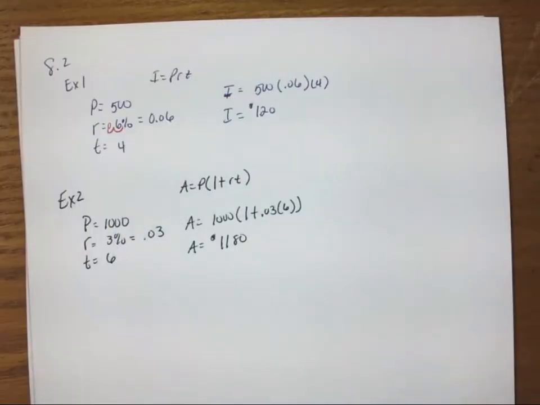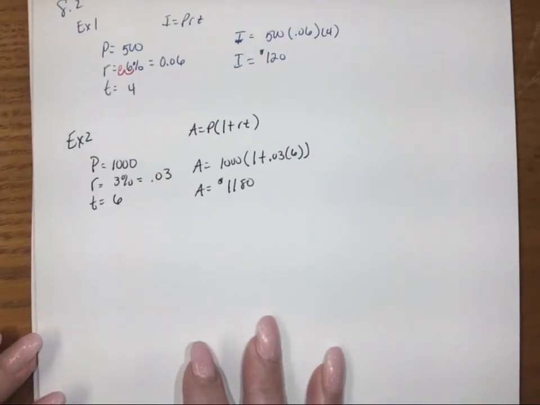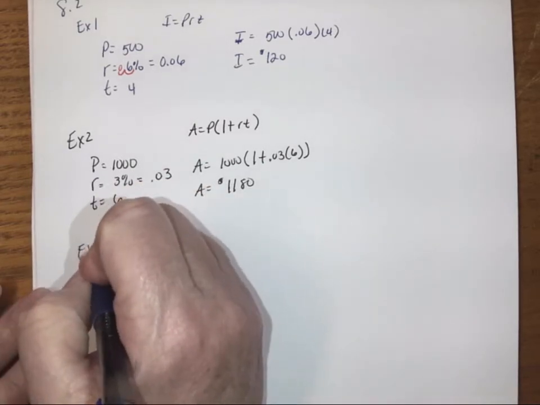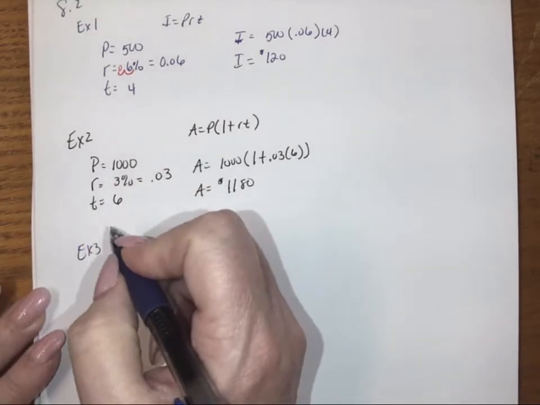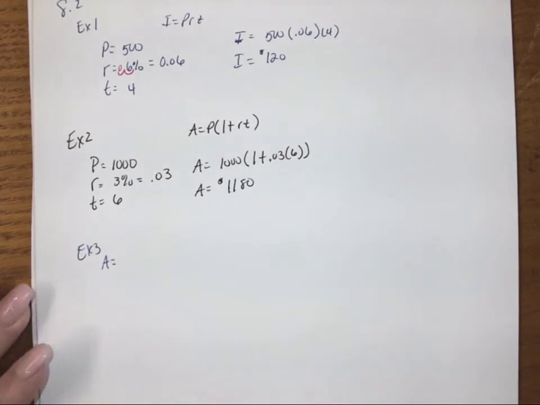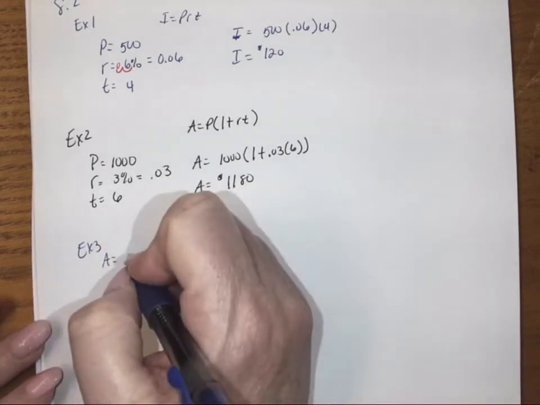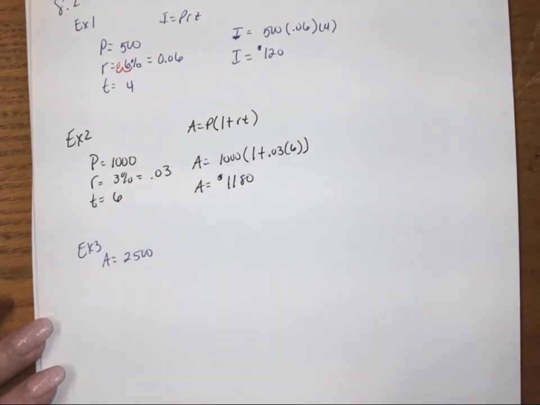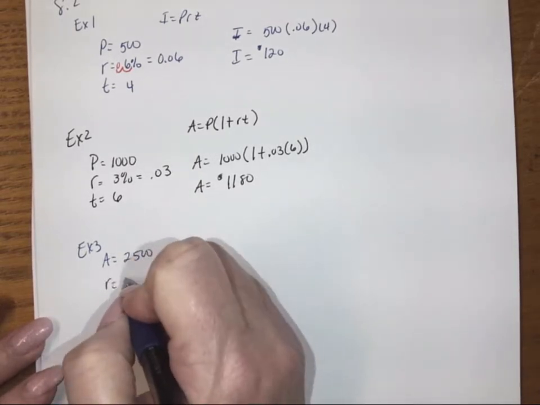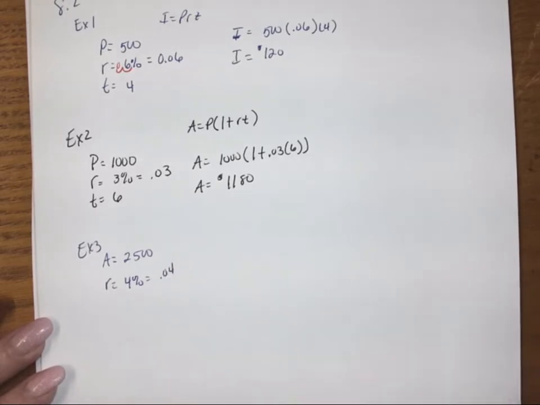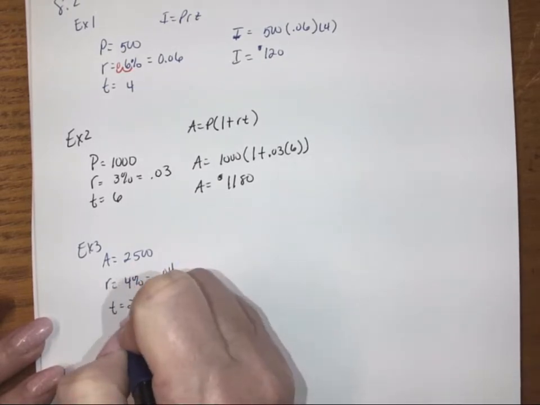All right, so we're using the same formula for example 3. And in this case, the accumulated value, the amount that we need at the end of the 2 years is $2,500. That's how much we need to go on our trip. The rate is 4%, which would be 0.04, and we have 2 years to save it in.